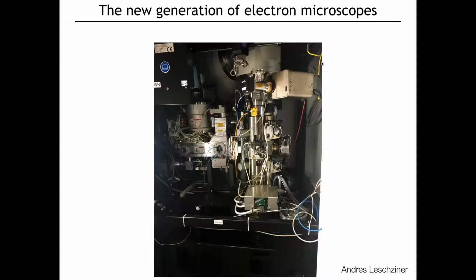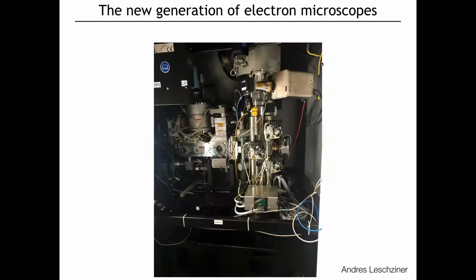The optics have actually not changed very much. The electron microscope was basically an atomic resolution instrument for half a century now. So the optics have not really changed. Well, there's been a number of developments in the 90s with field emission guns.